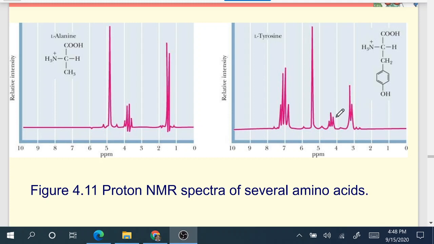And so depending on what pH we're at, you may or may not see that. So for tyrosine, we have the alpha carbon hydrogen again, the amine. We've got the aromatic hydrogens at around 7, and what about 3?